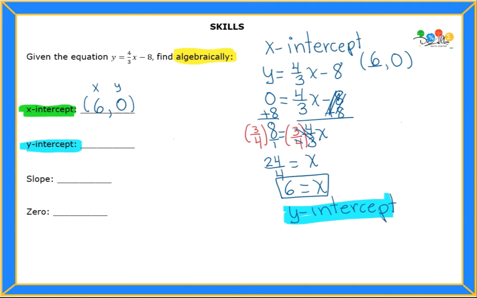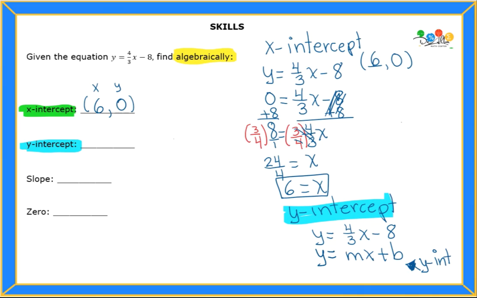I'm going to rewrite my equation: y equals 4/3 of x minus 8. Right below that, I'm going to write my slope-intercept form, which is y equals mx plus b. If you remember, b is your y-intercept. Therefore, my y-intercept is -8.